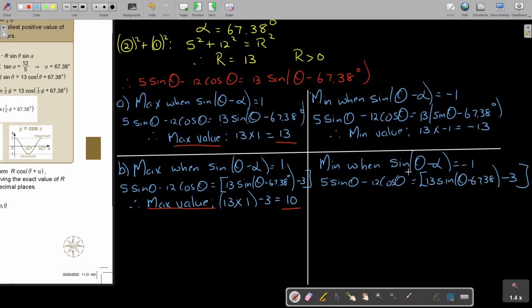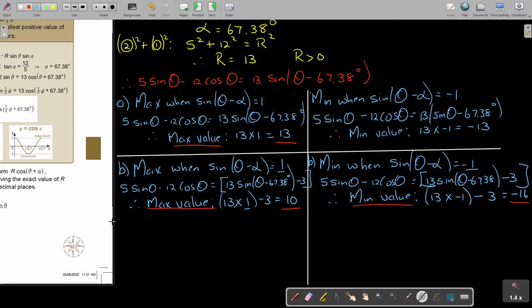It's actually the same, but I'm going to say the minimum value. I take that 13, multiply it with the negative 1, and then subtract 3. So instead of multiplying it with positive 1, I multiply it with negative 1. It's negative 13 minus 3, so it's negative 16. So my minimum value in number B is going to be negative 16.